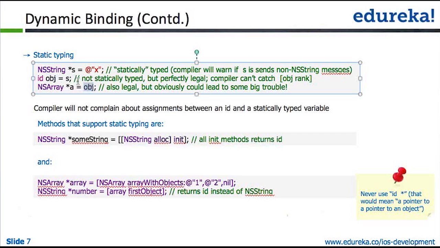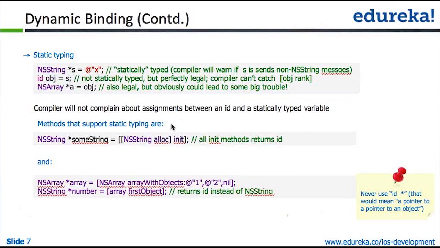So now obj is pointing to a string object here, and then another array pointer has been created and set equal to this. So obviously this is going to crash. This is not correct. Okay, but then this is static typing.